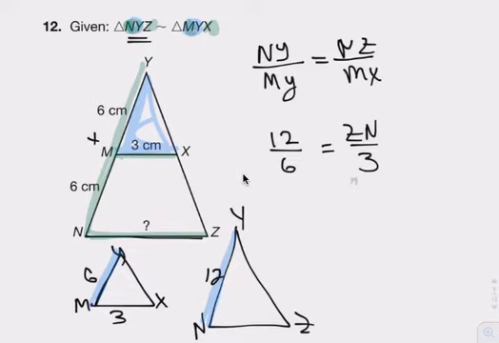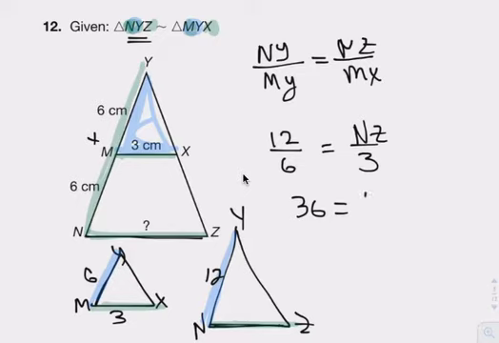Okay, so let's solve it to figure that out, though, if you don't get what I'm saying. It's 36 equals NZ. I wrote it wrong. Oh my gosh. NZ right here. NZ corresponds to MX.